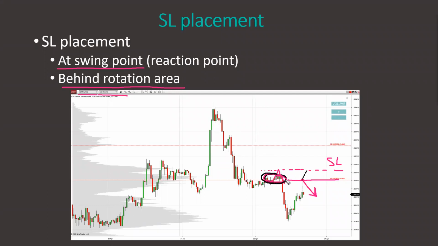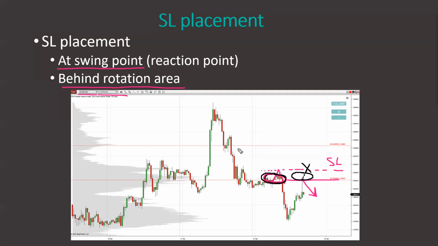That sellers from this place just weren't strong enough to defend this place, and that the buyers just pushed through. And there's no point holding that position any longer, because a resistance, which was marked by this rotation area here, clearly failed. So no point in trading that trade anymore. So quit it in here.